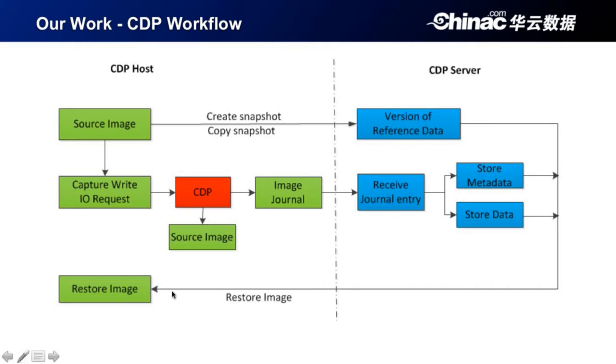At the bottom of this picture, it shows how to restore an image. It's very simple. Based on the version of reference data, metadata and data, we will get the restored image.